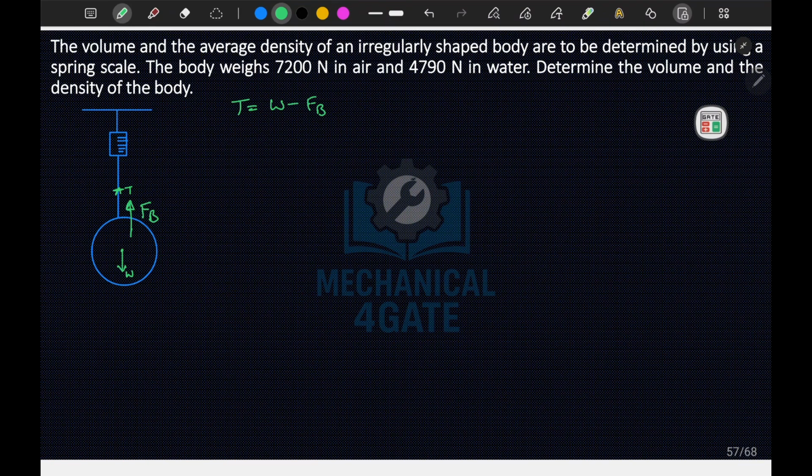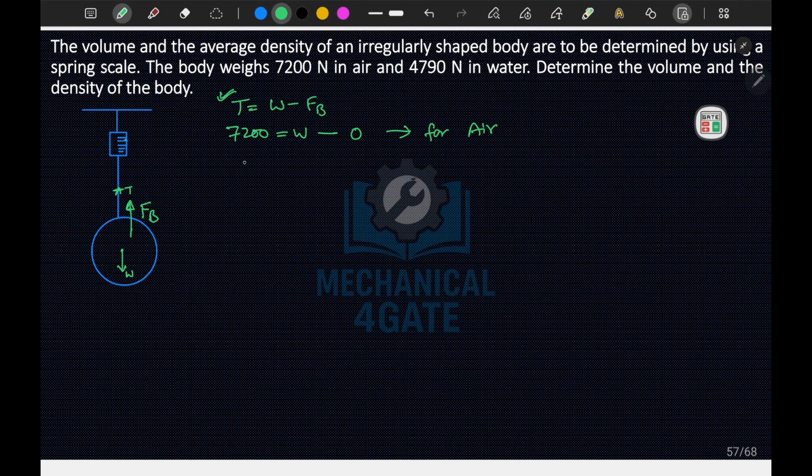This tension T is basically the reading of the spring balance. Now it is given that it is 7200 when it is weighed in air, so the buoyant force in air is 0.